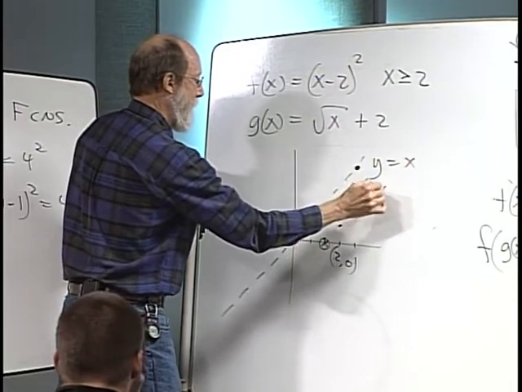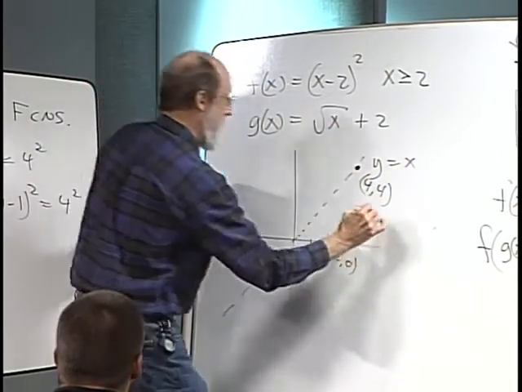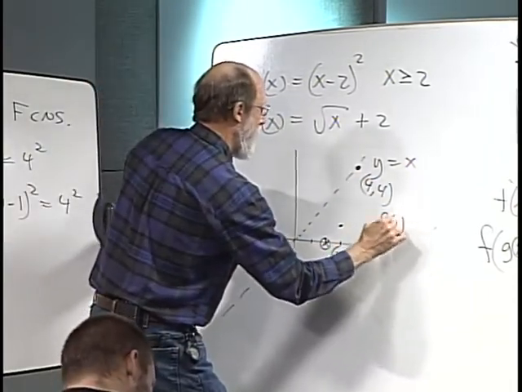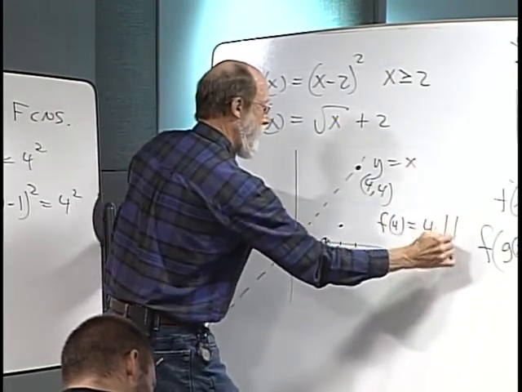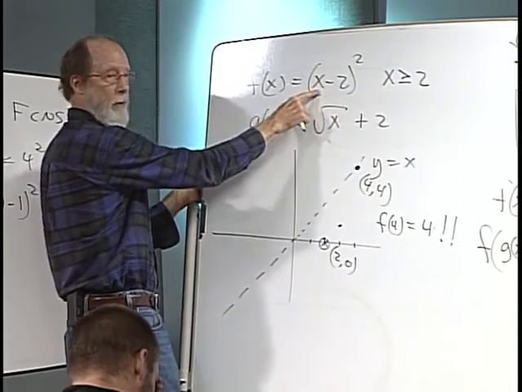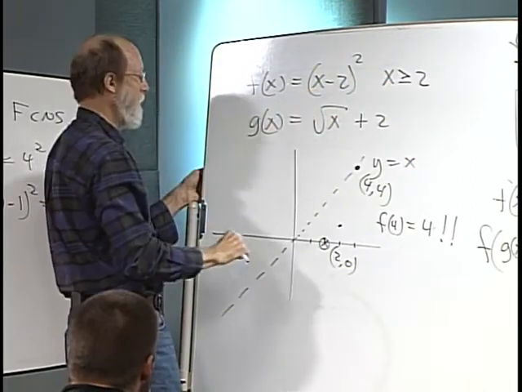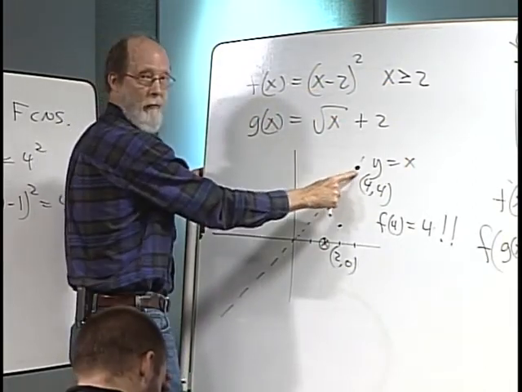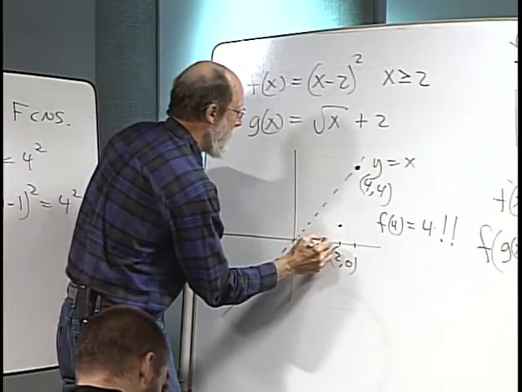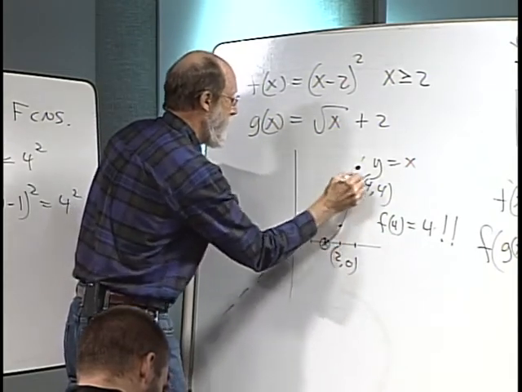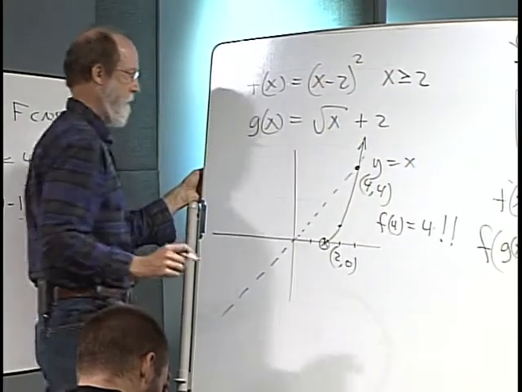Check that out on the f of x. Is f of 4 equal to 4? Yes, if you check it by putting a 4 in the original function. 4, 4 lands right on the y equals x line. And so we have a fairly accurate sketch now, looking like this.